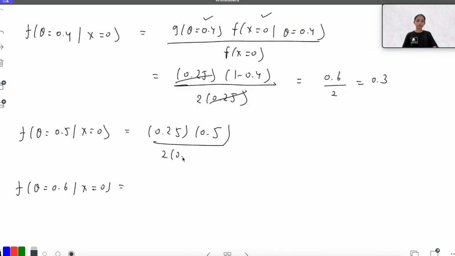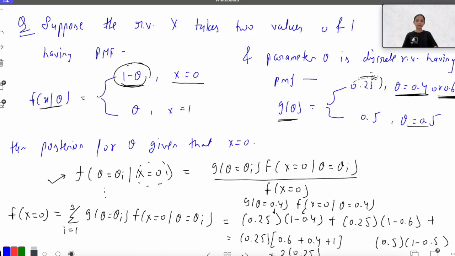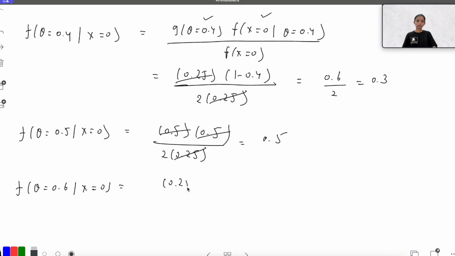The procedure is definitely the same. Sorry, this was 0.5. Now this will be 0.25 and they will cancel out, and this is 0.5. And for theta equal to 0.6, we again have 0.25, 0.4 upon twice of 0.25, and that is coming out to be 0.2.